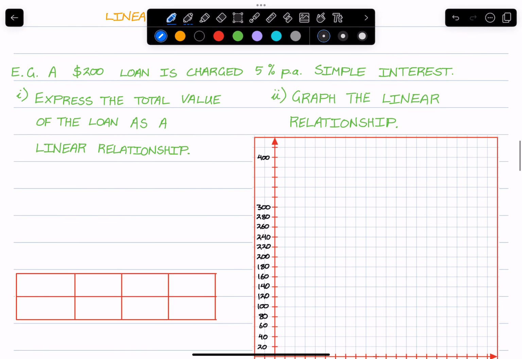So here we go. First, you can see that we have a principal amount of $200 and 5% per annum simple interest. Once again, there is no value of n given, as we want to keep n a variable. So using our simple interest formula, we get I equals $200 times the rate, which is 0.05 times n.